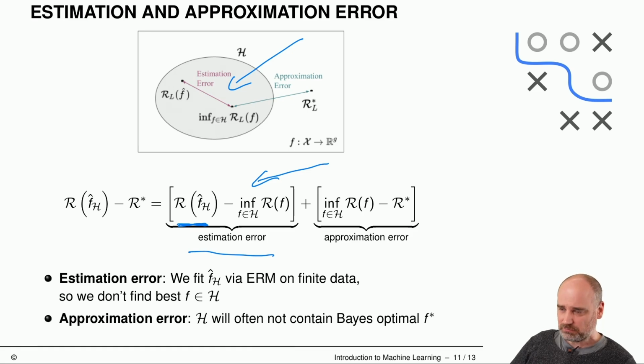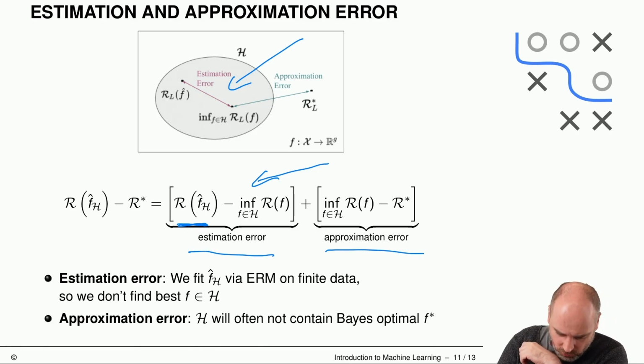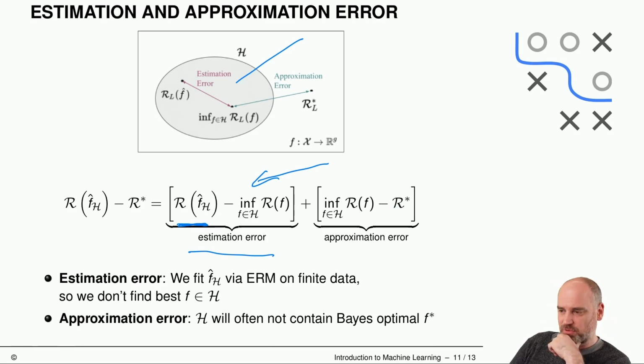Now the second term here is called approximation error, because I'm now considering the difference between the theoretical optimal model picked from my restricted hypothesis space H versus going over the unrestricted space. So I'm minimizing the same thing, but for this one, I can use any type of function from an unrestricted space.